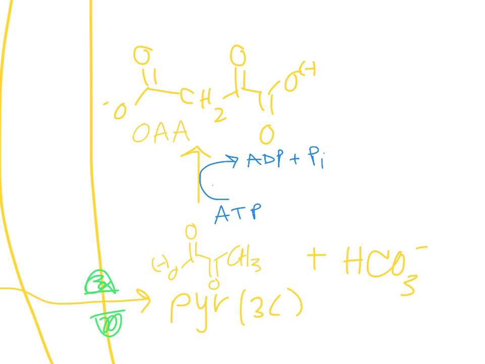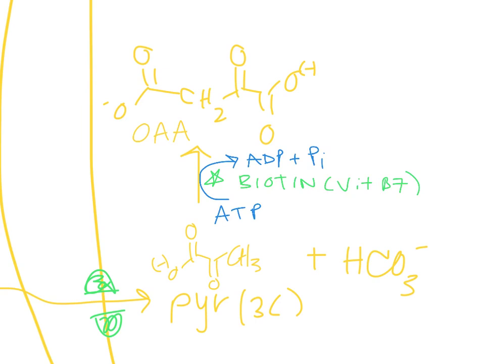And this step requires a coenzyme called biotin. And this comes from vitamin B7. And I do have a picture for you for that, but we'll come back to it later.